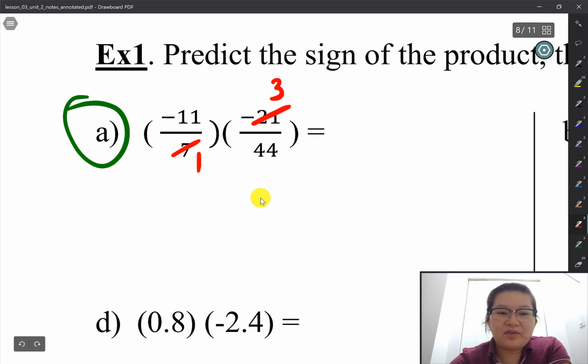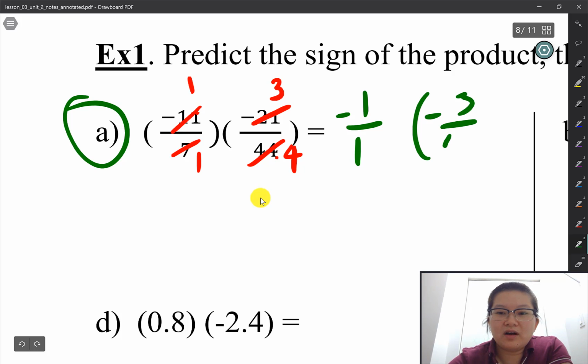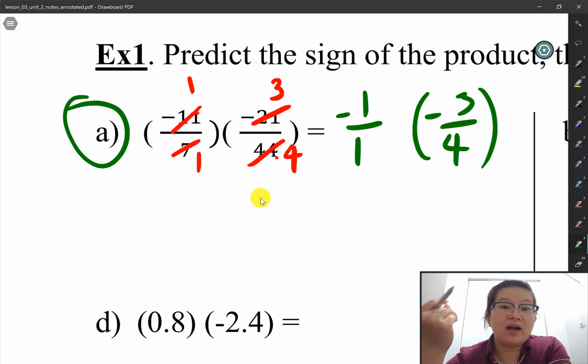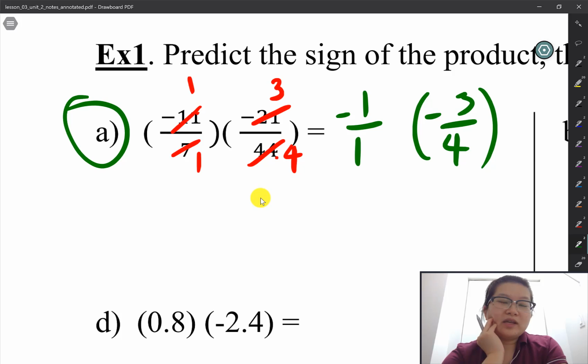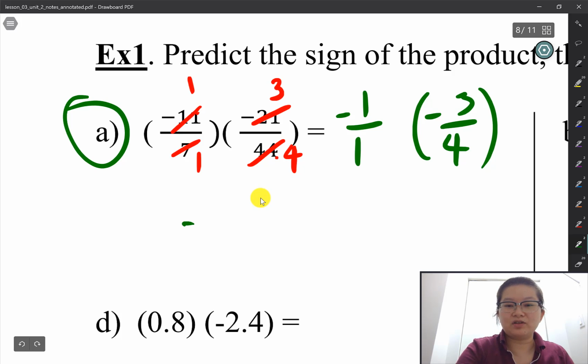I can also cross-simplify here, 11 and 44. If I divide this top by 11, I get 1. 44 divided by 11 gives me 4, in which the fraction that I'm left with is negative 1 over 1 times negative 3 over 4. So this is the benefit of knowing your multiplication tables very well, is that way you can see all these number connections.